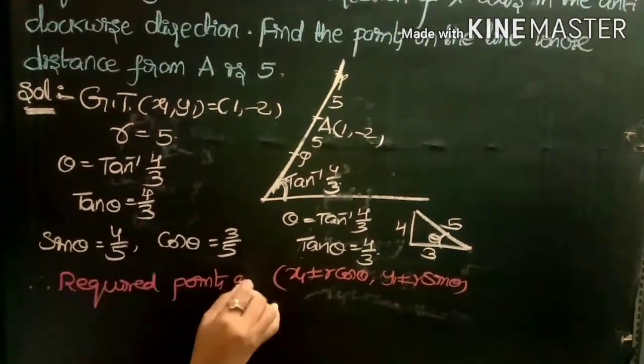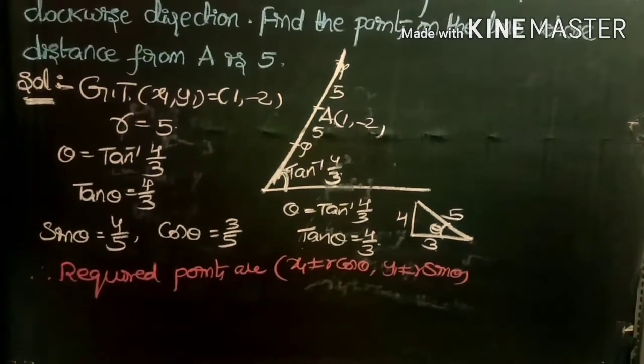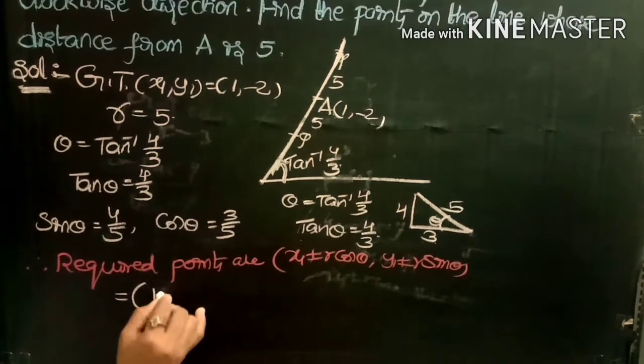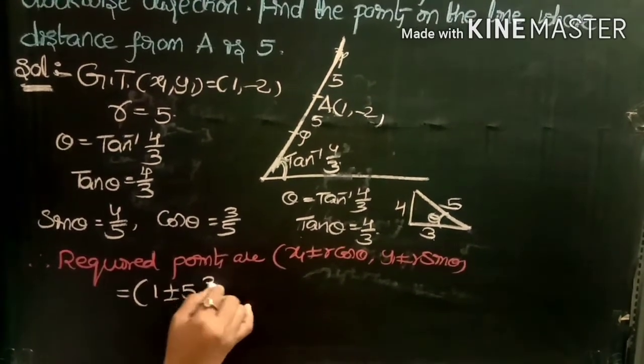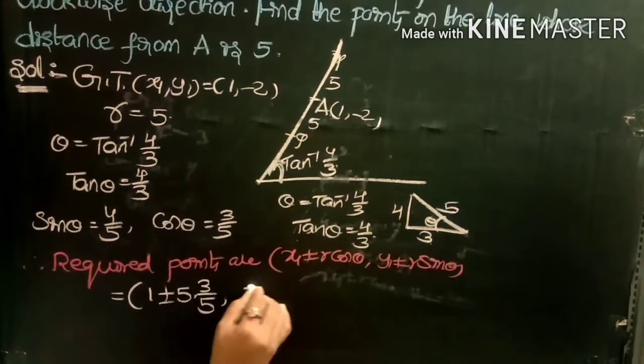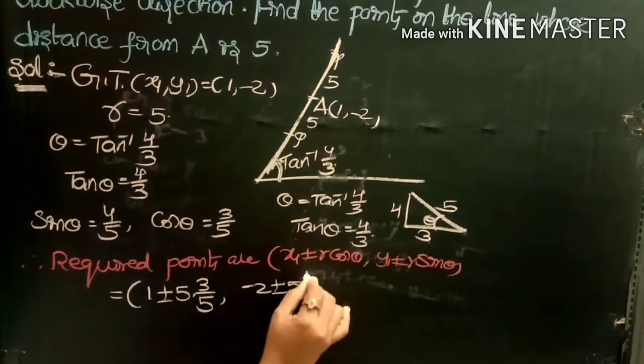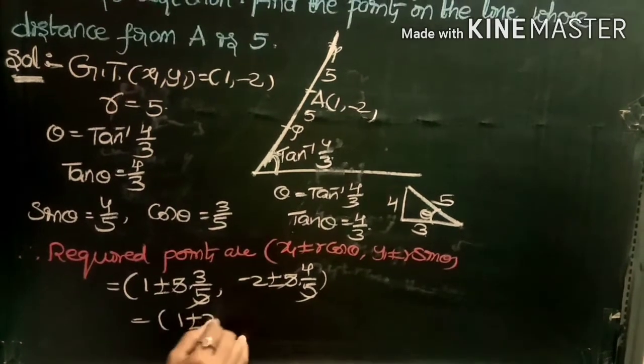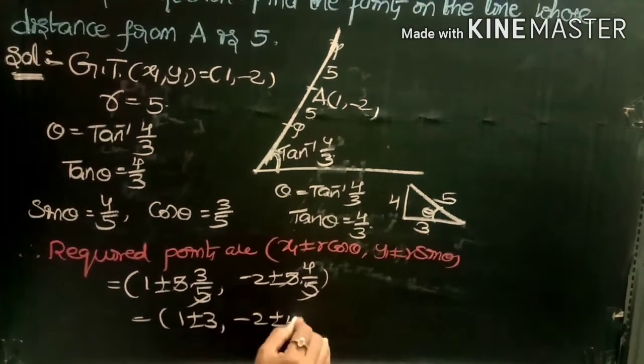Therefore, the required points are, this is the formula, x1 plus or minus r cos theta and y1 plus or minus r sin theta. Now replacing the values, 1 plus or minus 5 into cos theta, 3 by 5, and -2 plus or minus 5 into sin theta, 4 by 5, and this is equal to 1 plus or minus 3 and -2 plus or minus 4.